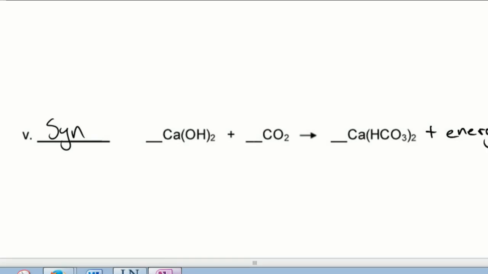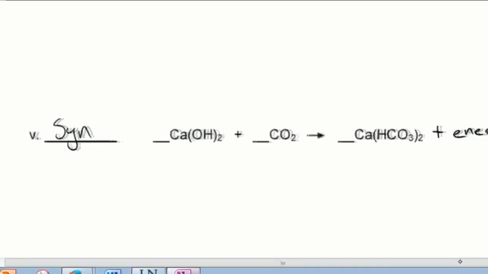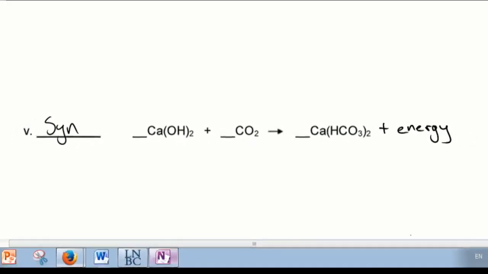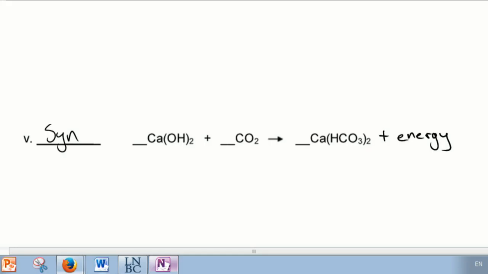So it would be as simple as identifying what's going on here. If I have energy on the product side, that means energy is being released. So if I have energy on the product side, this is going to be exothermic.